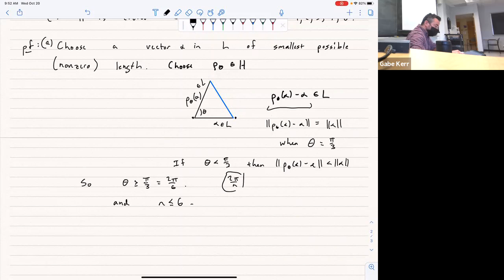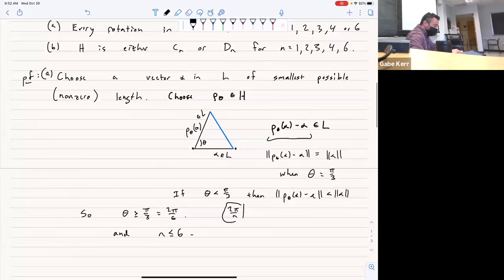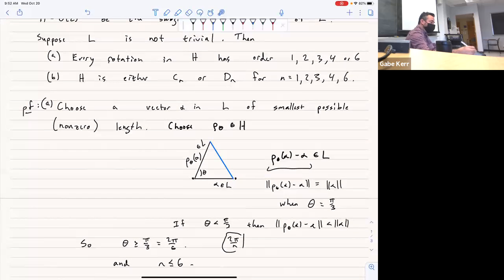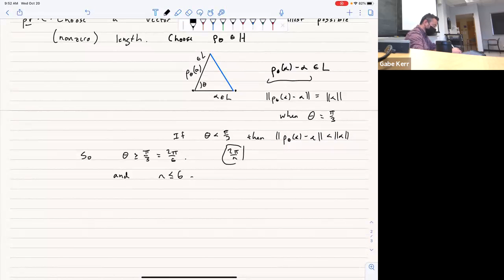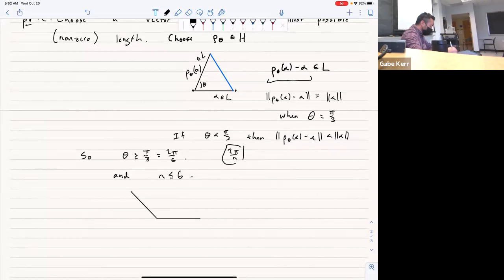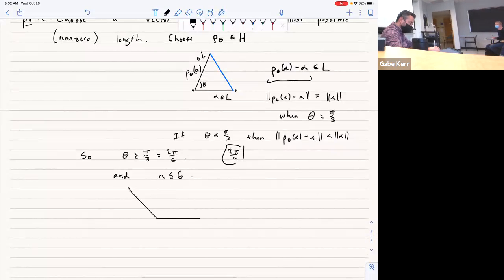Now there's one case that you might be concerned with. If you look at our list, we notice that we've got 1, 2, 3, 4, 6. We're skipping 5. In that case, there's this diagram, which is sort of a special case, where if it's 5, then you can look at this sort of picture.